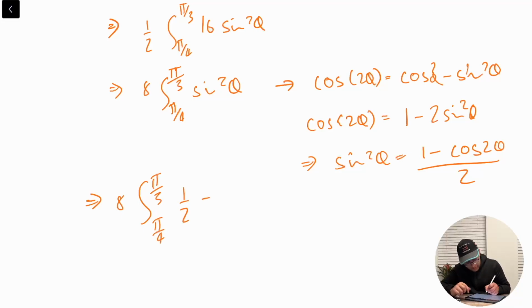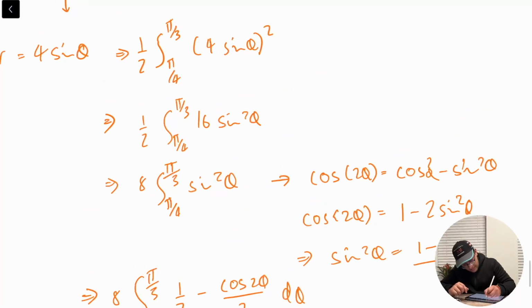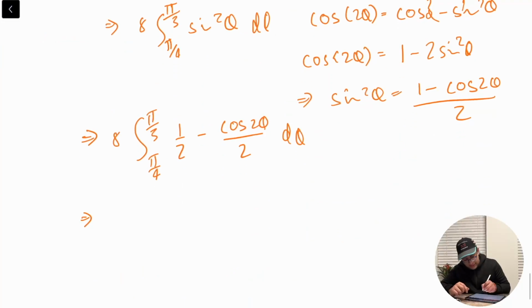a half minus cos 2 theta over 2, d theta. Right? So 8, and then times by a half theta, evaluated from pi over 4 to pi over 3, right?